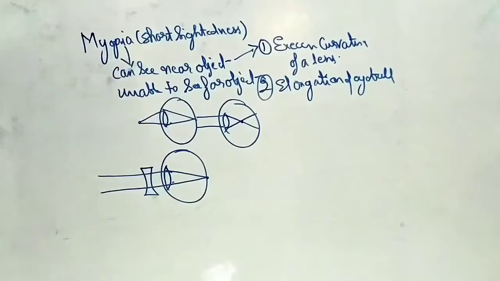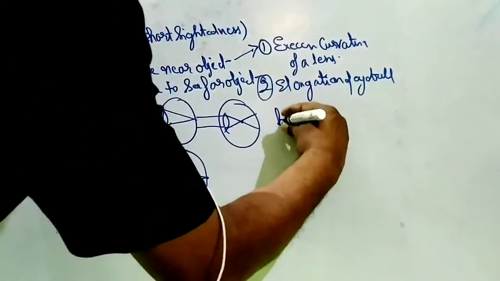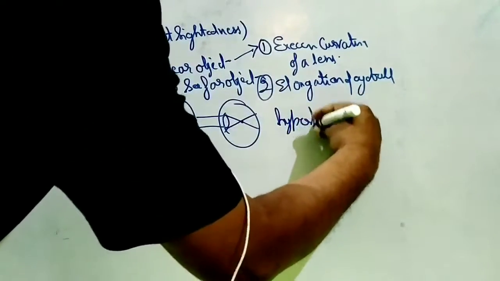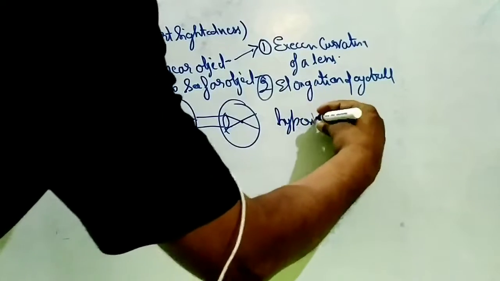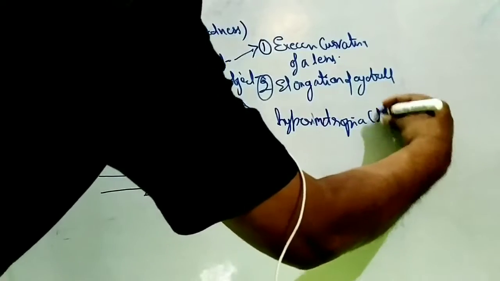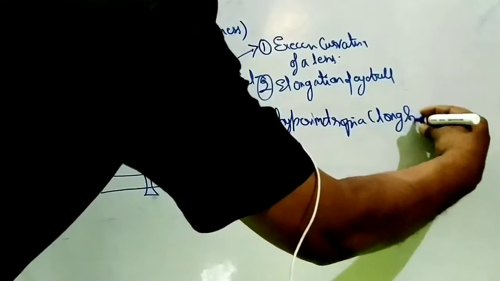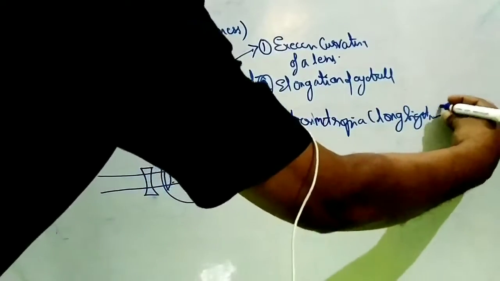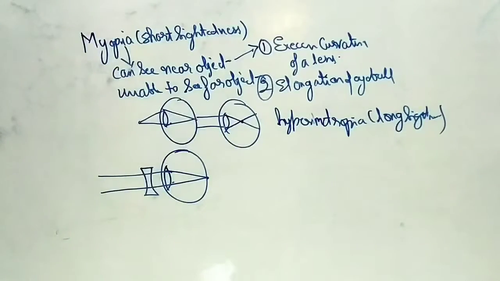Second defect is called as hypermetropia, or we can say long sightedness. It is called as long sightedness.